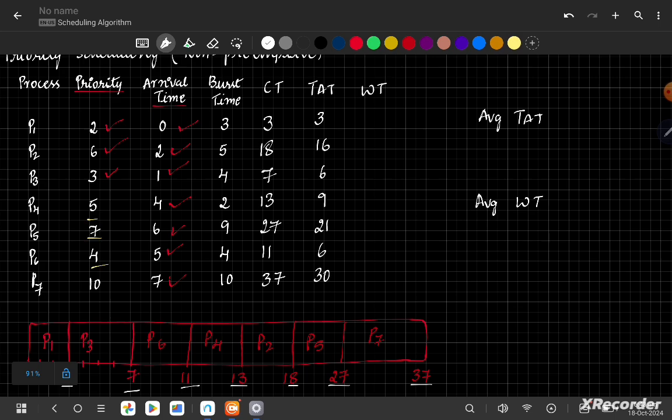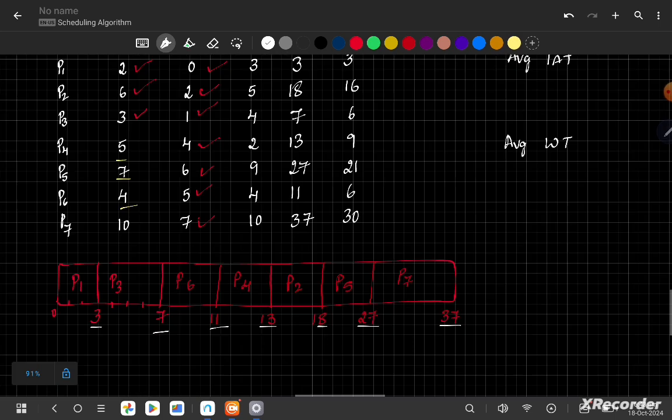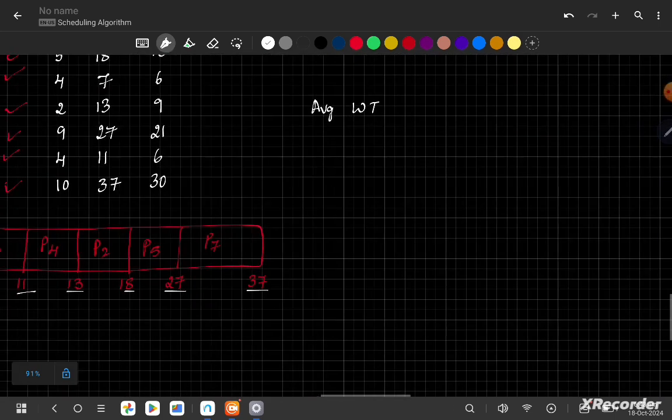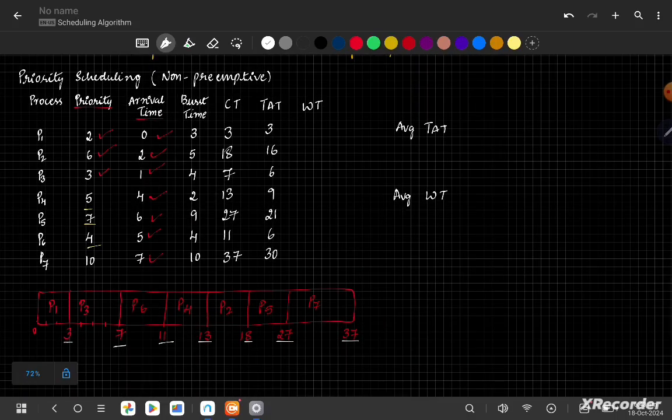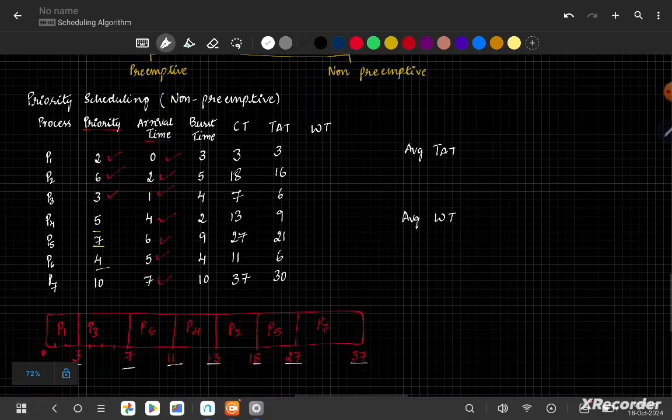So these are the turnaround times, and the waiting times will be 0, then 11, 7, 2, 7, 2, 2 and 30. So this is the waiting time and turnaround time.